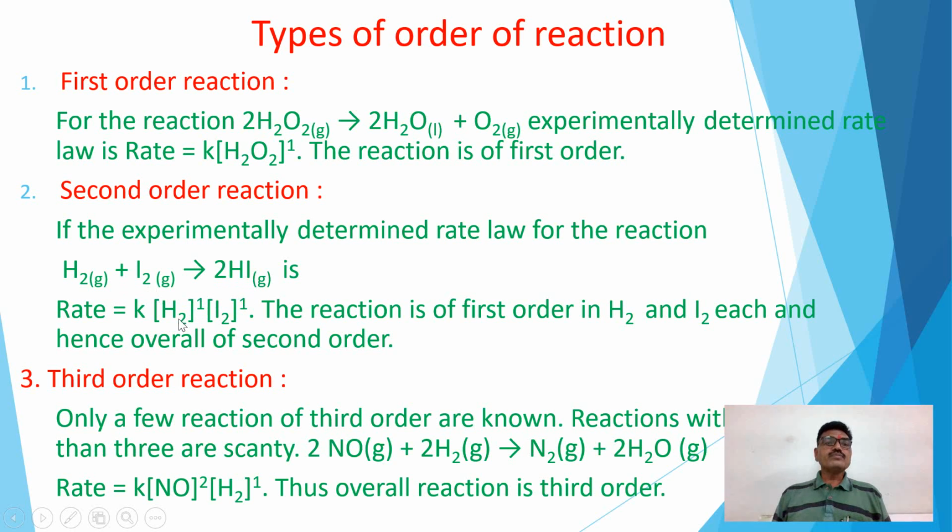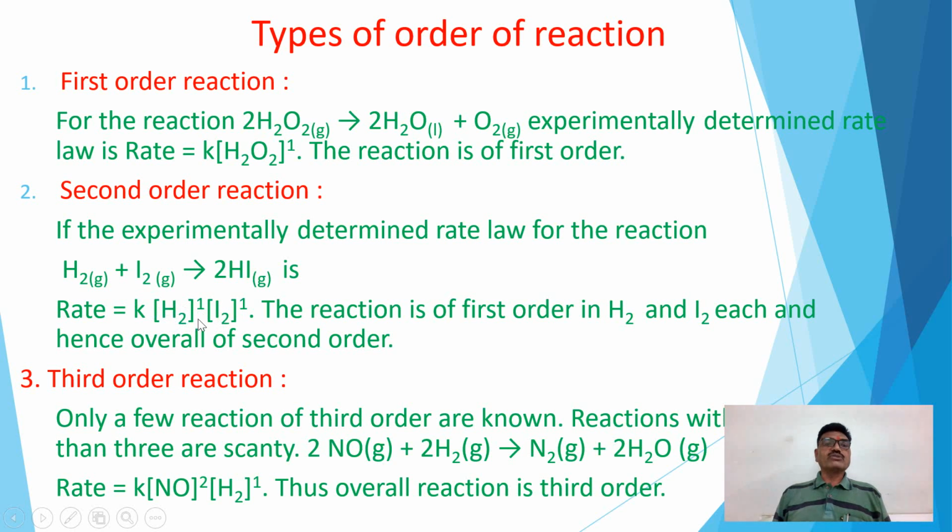Rate is equal to k, where k is the proportionality constant, times the molar concentration of H2 raised to power 1 into the molar concentration of I2 raised to power 1. It means that again the rate depends upon the concentration of both reactants and is linearly proportional to the concentrations of these reactants.